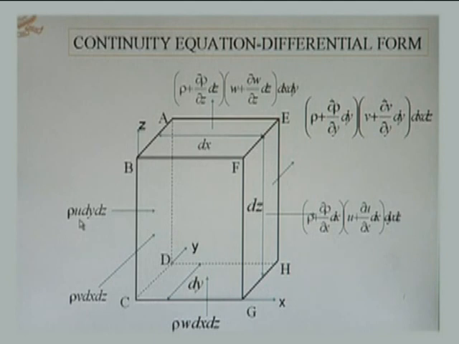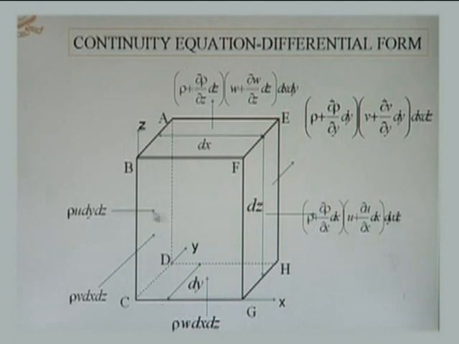The mass flow rate going into the control volume through face A, B, C, D will be equal to rho, the mass density, which is mass per unit volume, multiplied by u and by the area of this face A, B, C, D. We have the dimensions of this parallelepiped in the x, y, z directions as dx, dy, dz, which are dimensions of infinitesimally small size.